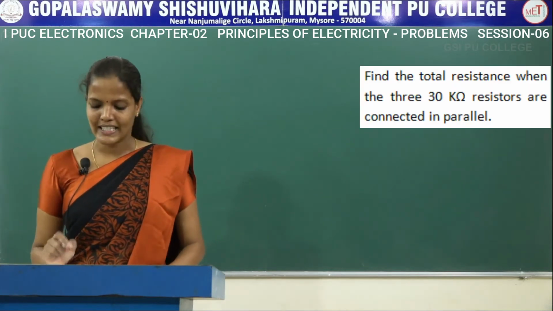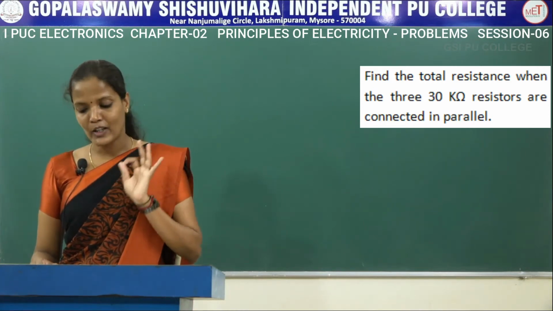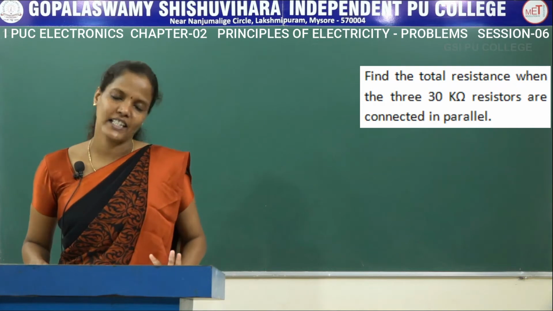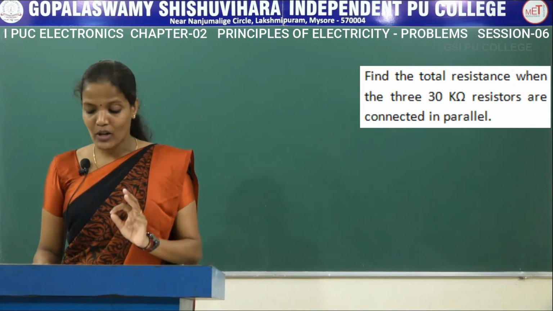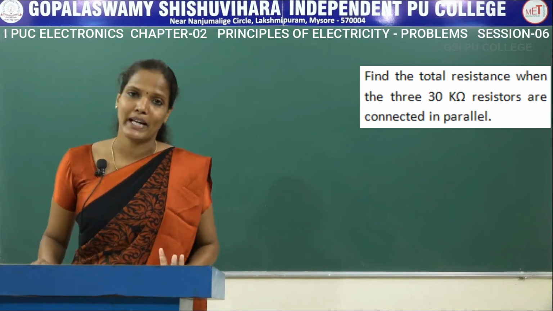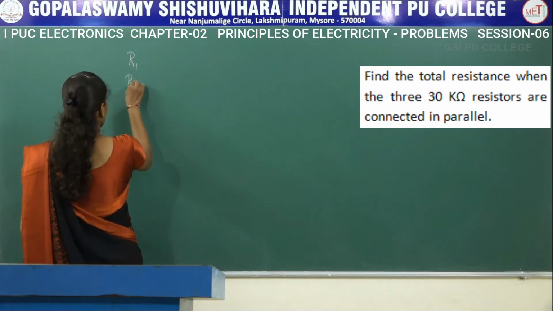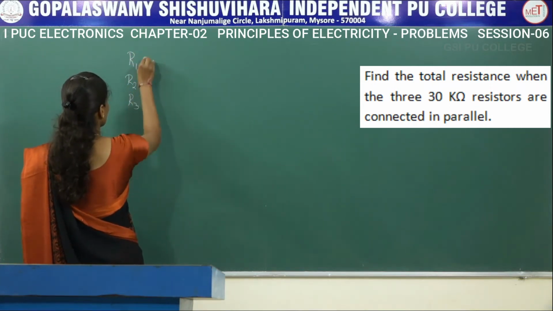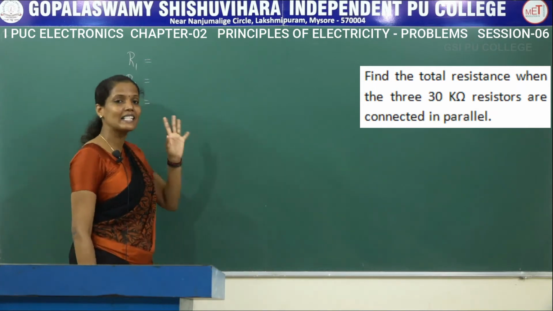Find the total resistance when the three 30 kilo ohm resistors are connected in parallel. They have given us three resistors whose value are equal to 30 kilo ohms and they are connected in parallel. That is, I am having three resistors. Let me name those resistors as R1, R2 and R3, and the value of all the three resistors are same.